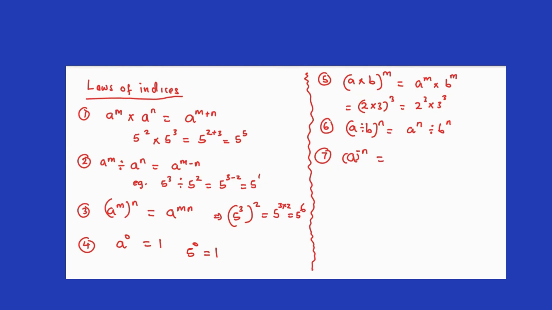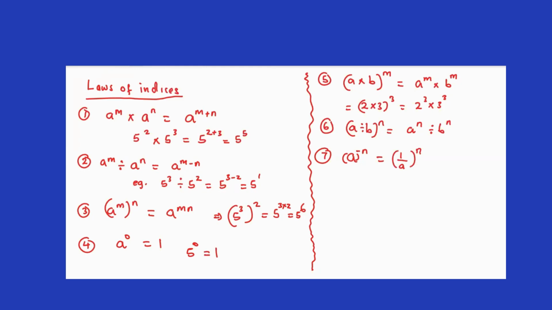So when we have A raised power negative N, we get the reciprocal of A, which is 1 over A, and my negative power is gone, so we have a positive power. So A raised power negative N is equals to 1 over A raised power N, and therefore you are able to work out.